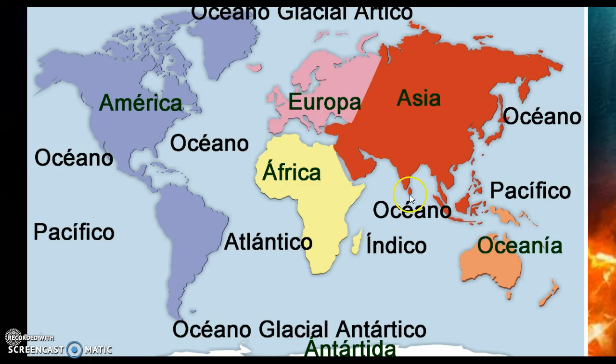Then we have the Indian Ocean, which is just below Asia. Then we have the Southern Ocean or Antarctic Glacial Ocean, which is just below everything in the southern hemisphere, in the lower part of the screen. And then we have the Arctic Glacial Ocean, which is in the north, exactly at the North Pole. Okay, five different oceans and 5 different continents.